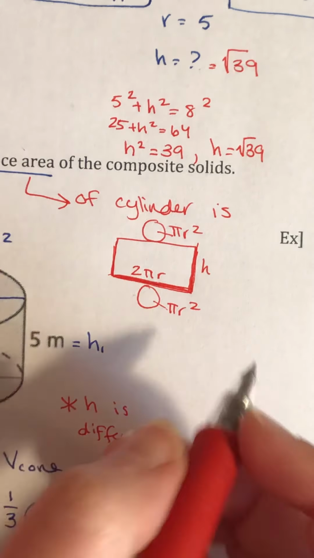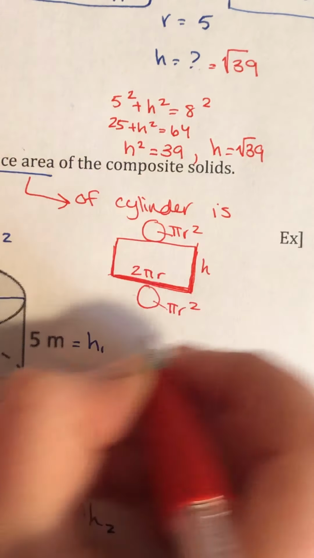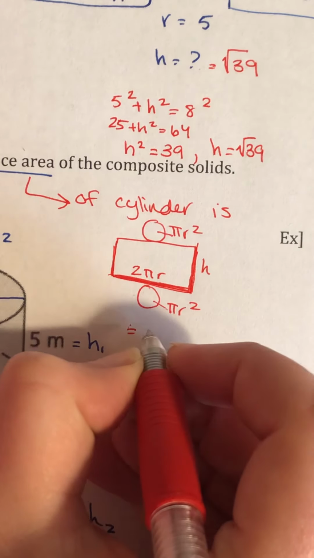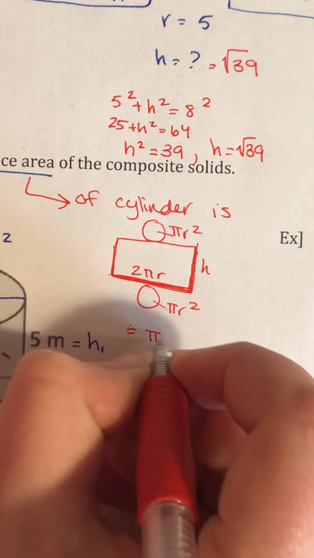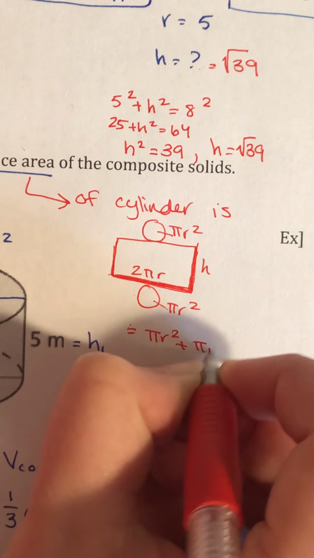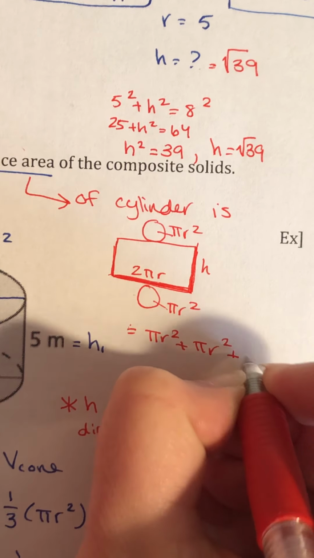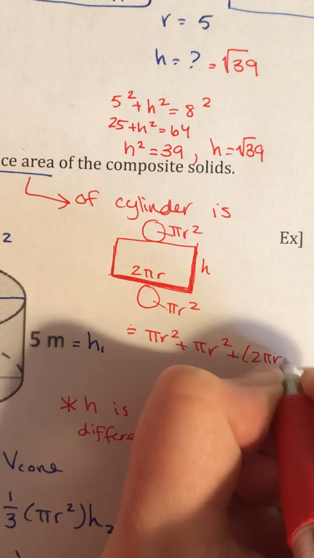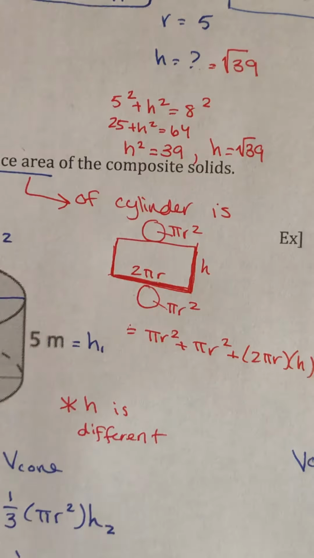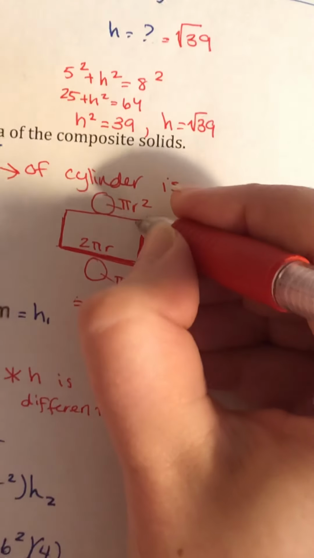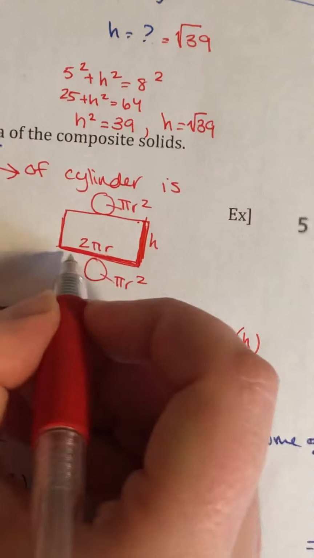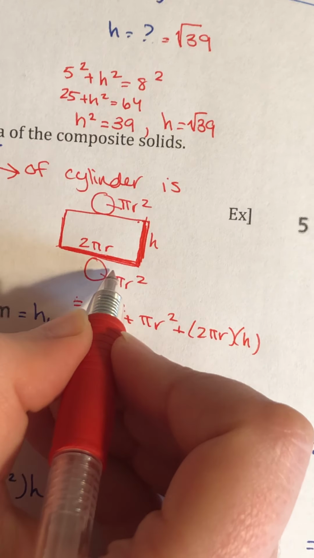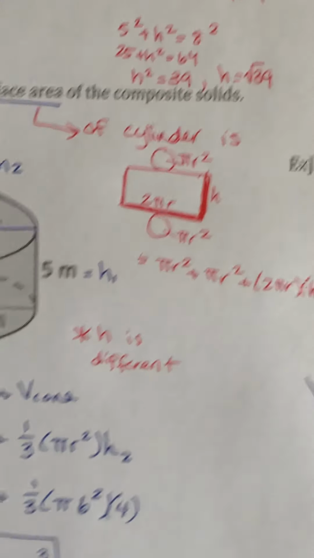So the surface area of a cylinder is pi r squared plus pi r squared plus 2 pi r times the height. That would be the surface area of a cylinder. So the 2 circles plus that rectangle in between.